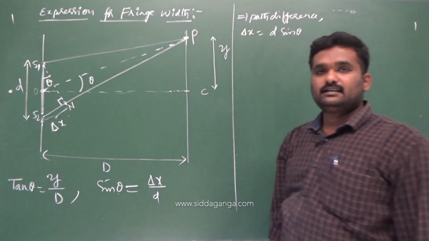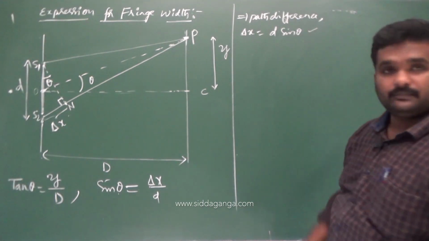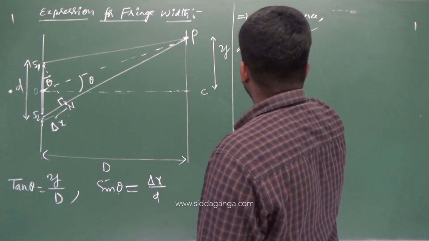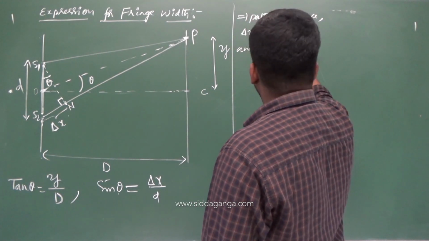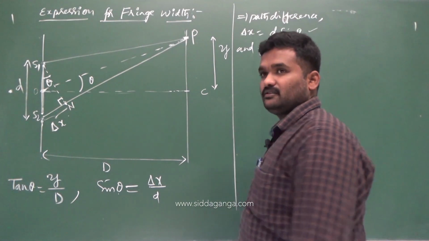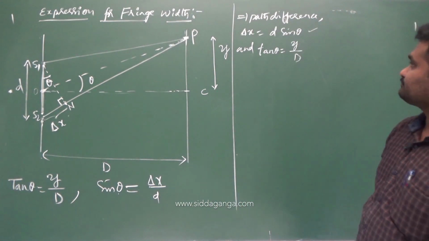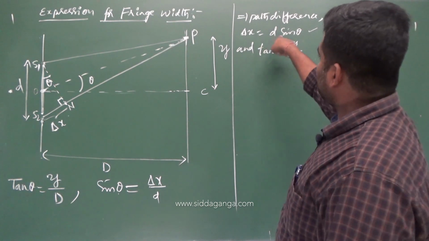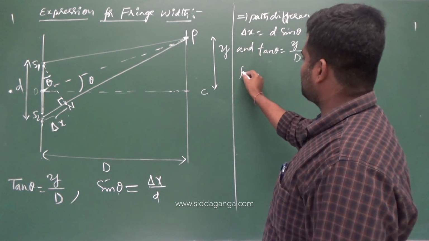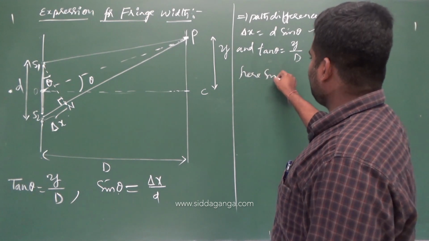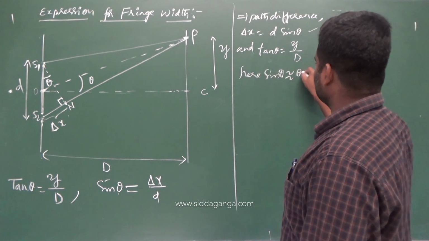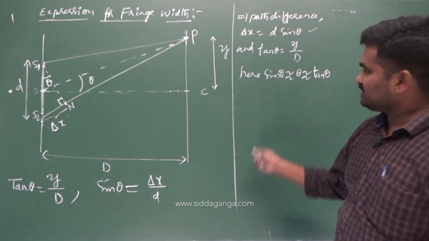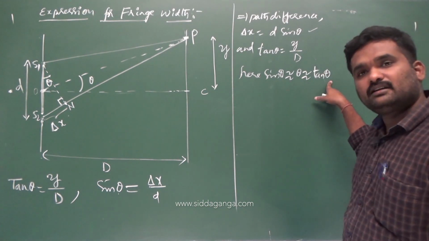Path difference delta x equals d sin theta, and tan theta, what have we written? Tan theta equals y by D. From this small approximation, for paraxial approximation, sin theta is almost equal to theta, which is almost equal to tan theta, so I can replace sin theta with tan theta.